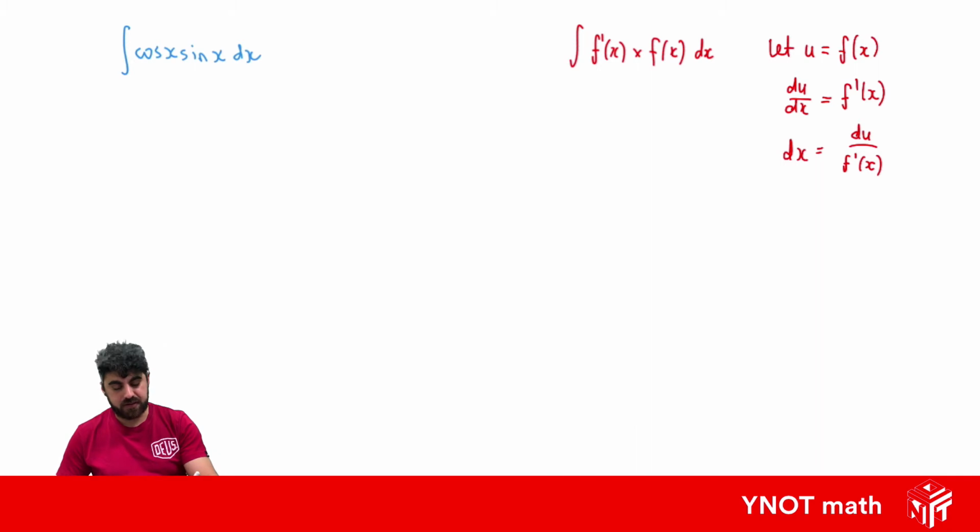And let's go ahead and sub it in. So we're going to get the integral of f dash of x multiplied by f of x, which we let equal to u, times dx, which we know is du over f dash of x. So the f dash of x's will cancel, and we're just left with the integral of u du.